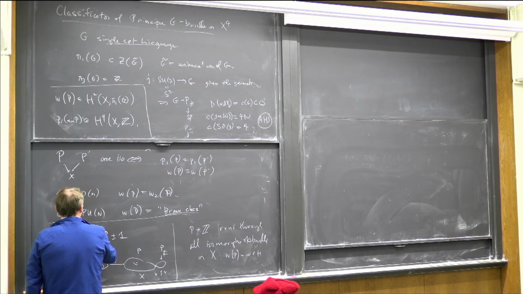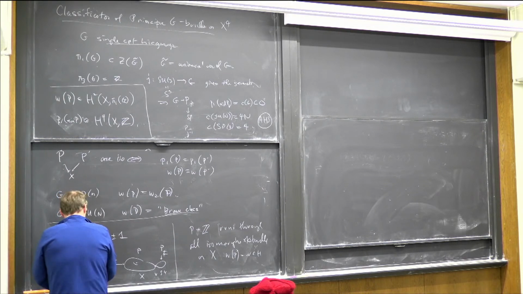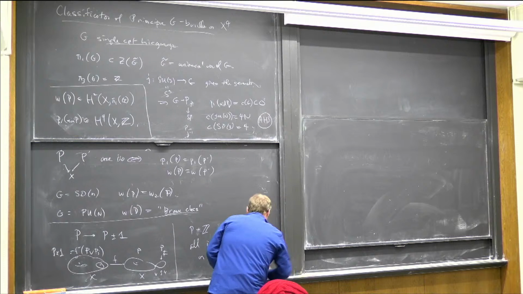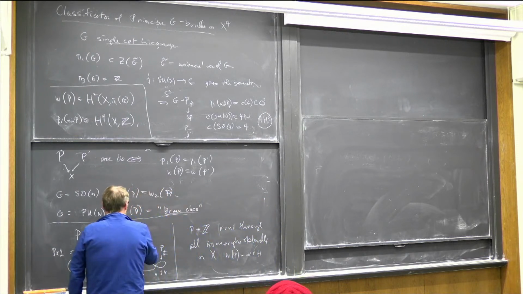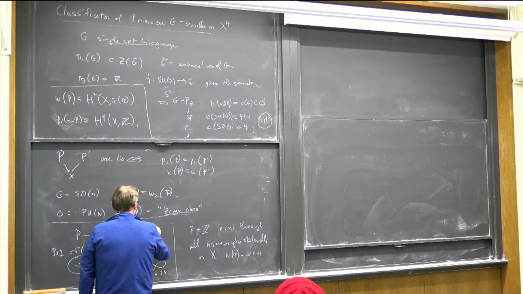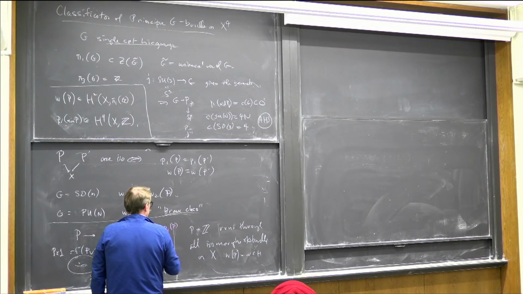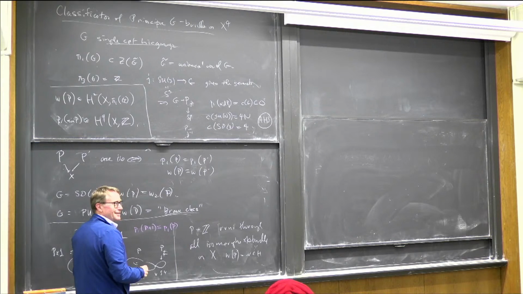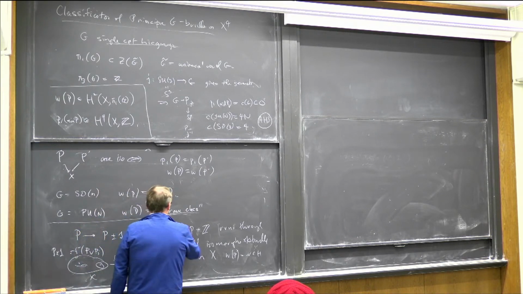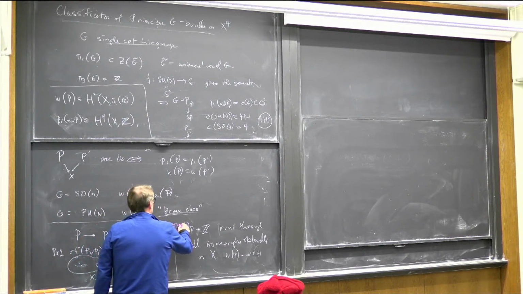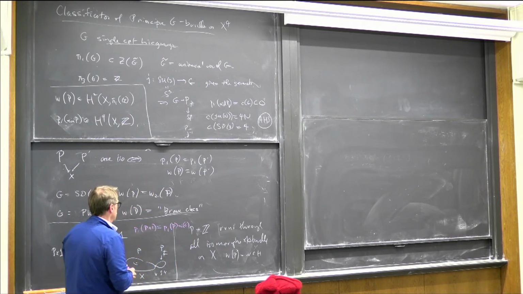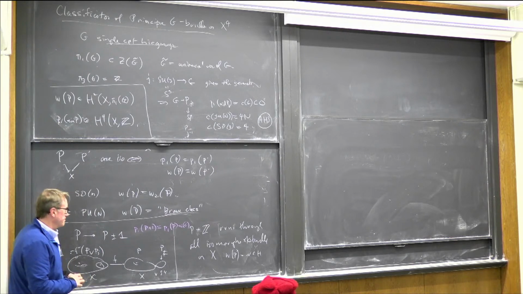P1 of P plus 1 is sadly not P1 plus 1, because that would be completely incomprehensible. It's P1 plus C of G. Okay?